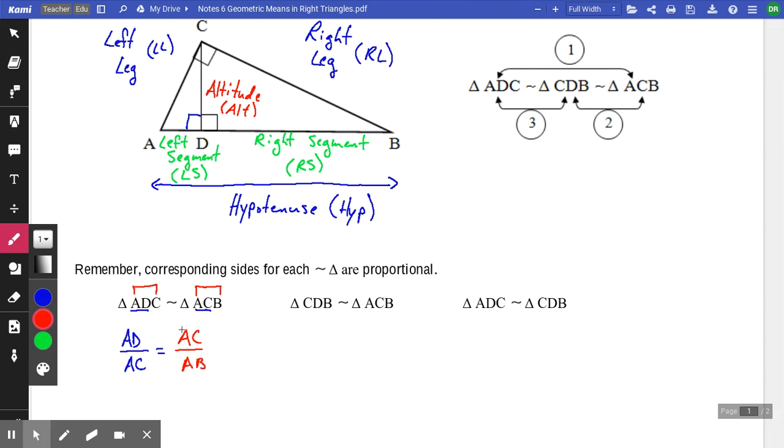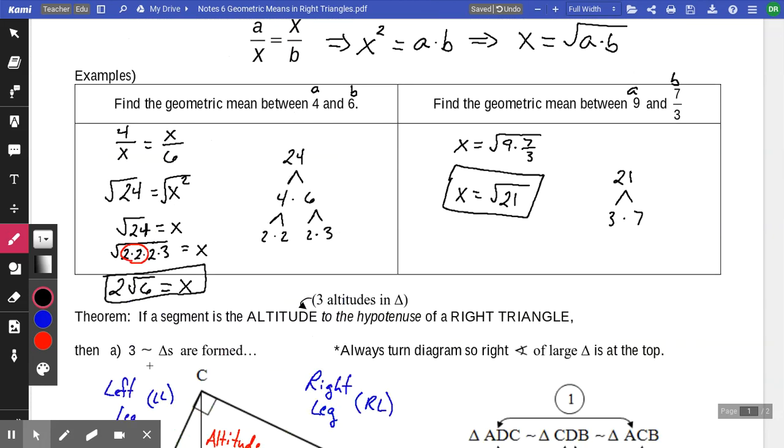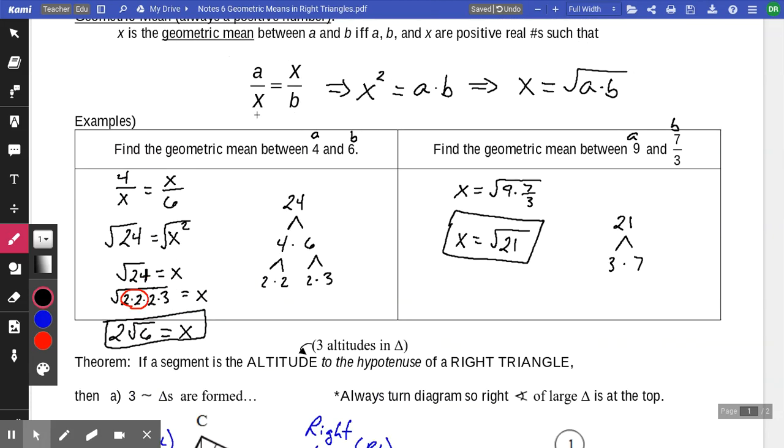The reason I'm doing that, as you might notice, is that this proportion has reused the segment AC. This idea of cross multiplication of something times itself is exactly what the idea of geometric mean was, taking something times itself. And so that is how geometric mean is tying in here.